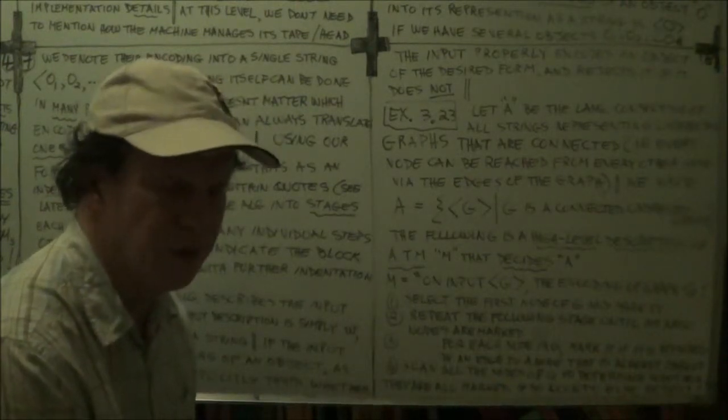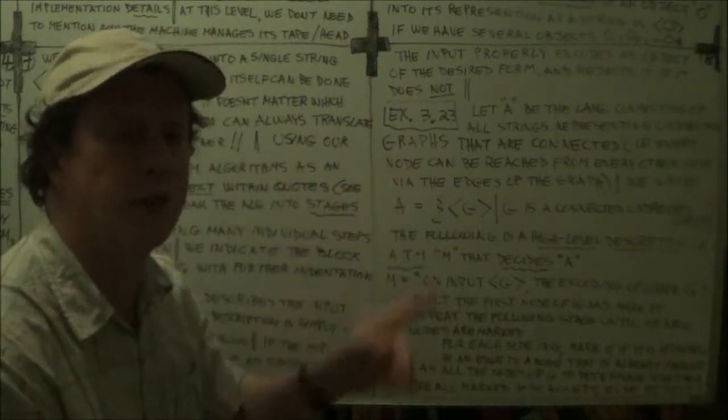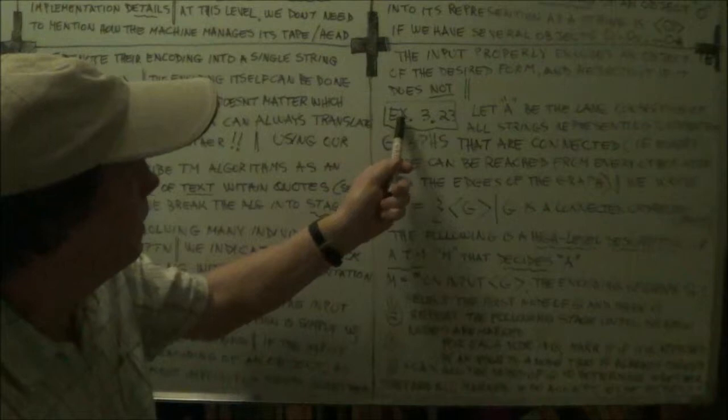They're synonymous, those two, effectively. So we'll see how to take the particular object we're talking about. In this example, 3.23, the object we're talking about is a graph, and a particular kind of graph.